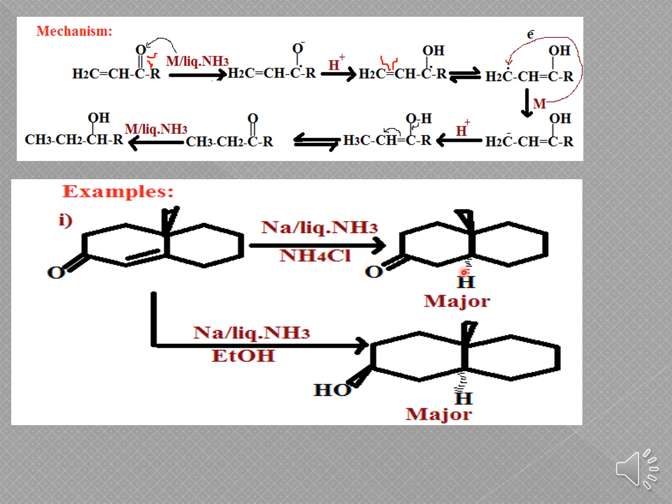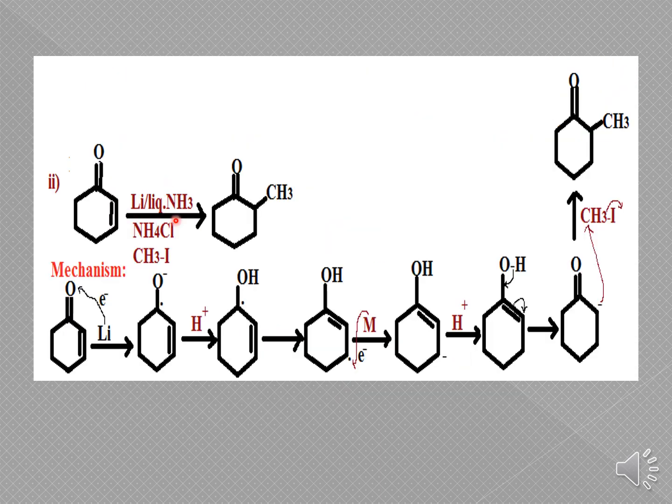Okay, here this bond has been reduced. And then again, in one more case, the ketones are not getting reduced in the presence of ammonium chloride. Remember, if you are treating it with the solvent and ammonia, then we are getting the methyl ketones.